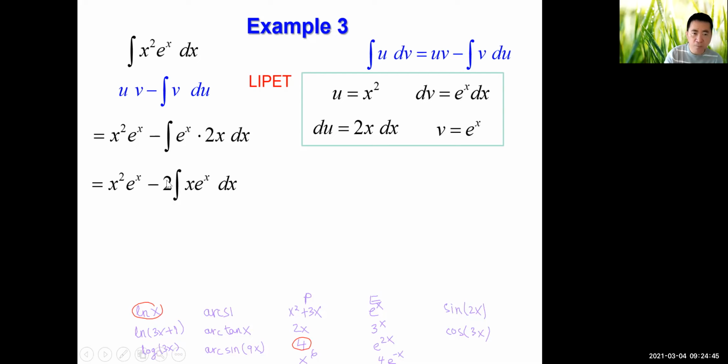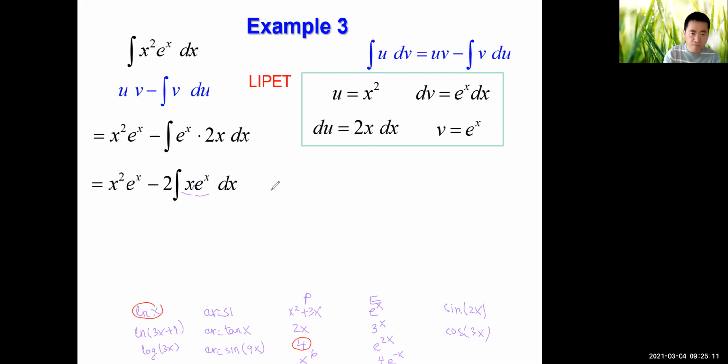In the first 2 examples, we were able to integrate this function with no problem. This time there is an issue. Why? Because you still have x times e to the x, right? There's a multiplication there, so we cannot integrate directly, and we're going to use other techniques.